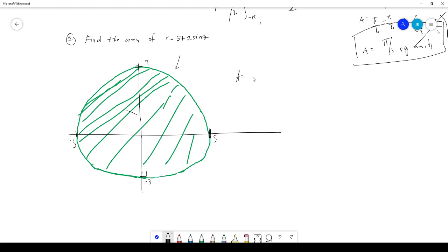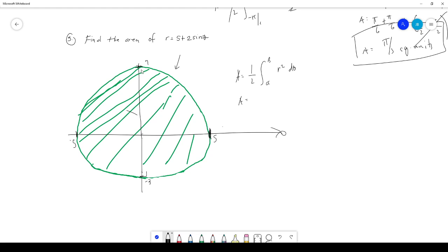So the area is equal to 1 half, with limits alpha to beta, r squared d theta. Okay, it started from this point, so this is 0.